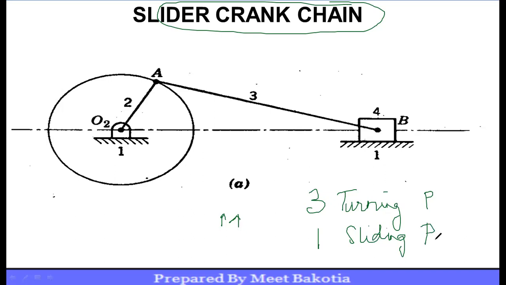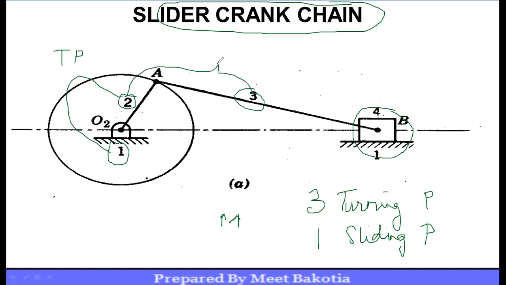Why in the single slider mechanism do we have a sliding pair? Because you can see here there is a slider. Right now, let us see which are the turning pairs. This is the fixed link and this is the crank. So link 1 and link 2 form the first turning pair. Link 2 and link 3 form the second turning pair.